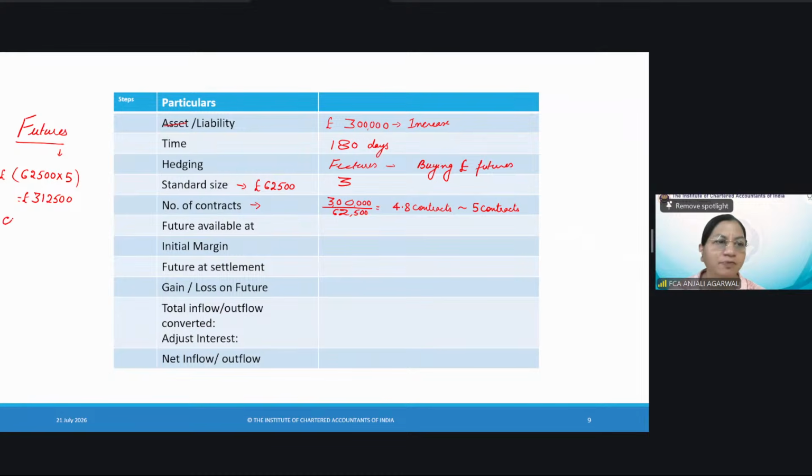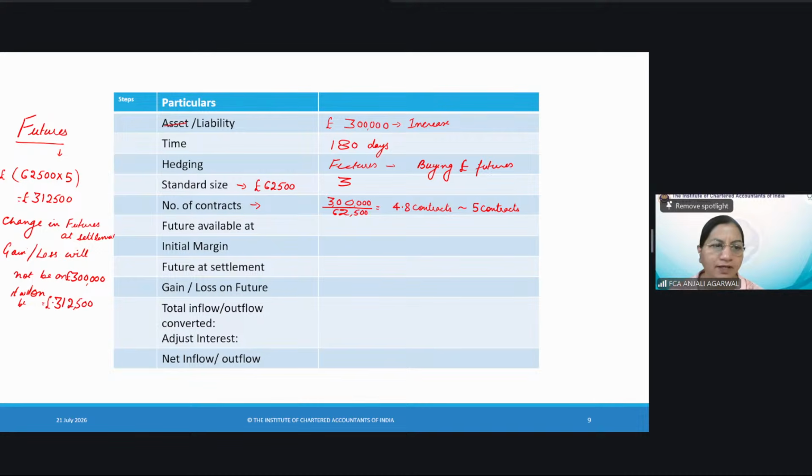Now, when there would be a change in futures price at settlement, the gain or loss will not be on 300,000 pounds, but it will be on 312,500 pounds.